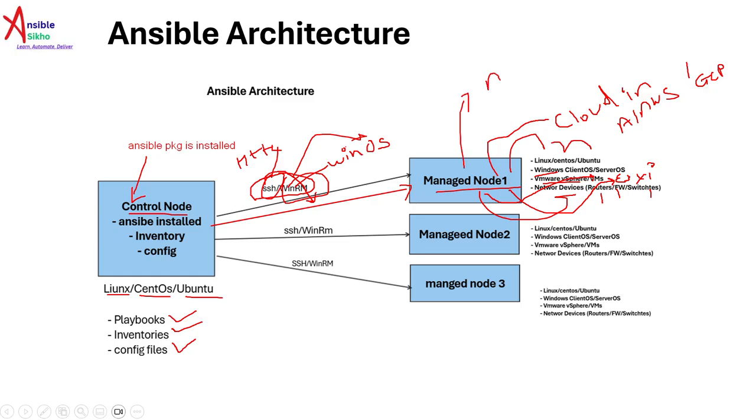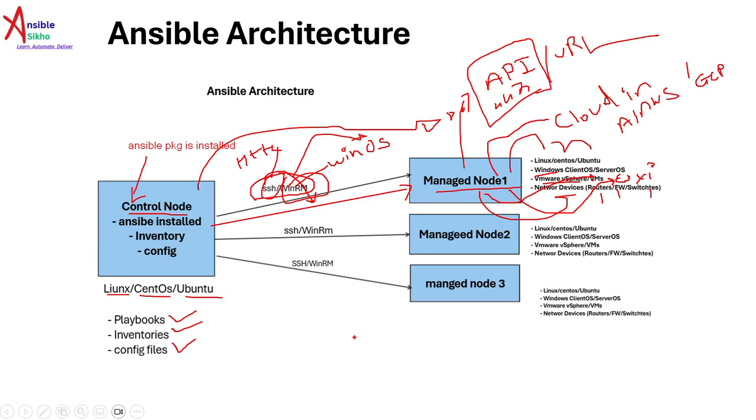So if your managed node is nothing but an API URL, in that case port 443 should be reachable from the control node, or whatever port the API is working on.